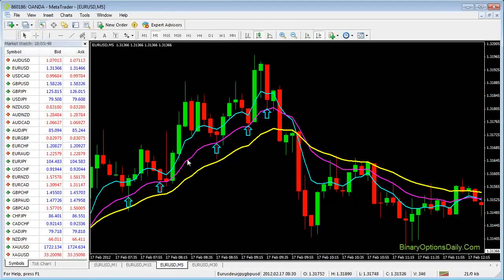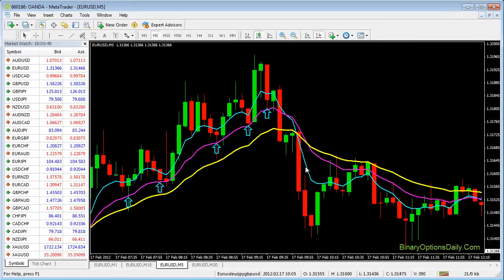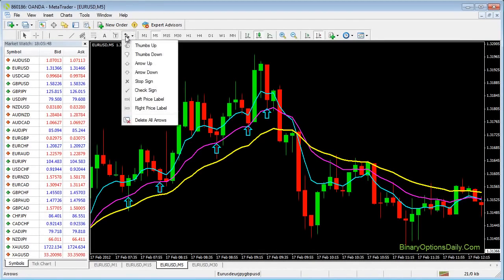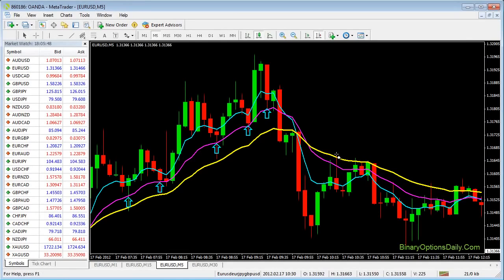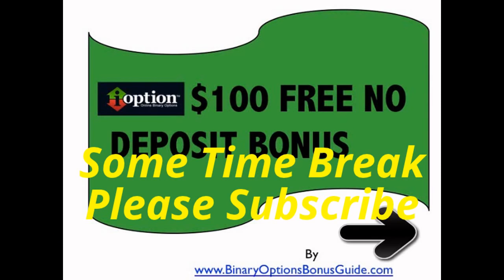So instead of the 6-period moving average being on top, we're actually seeing the 14-period moving average being on top. And to me, that signals that we've got a downward trend going on, especially with the 26-period moving average being on top.